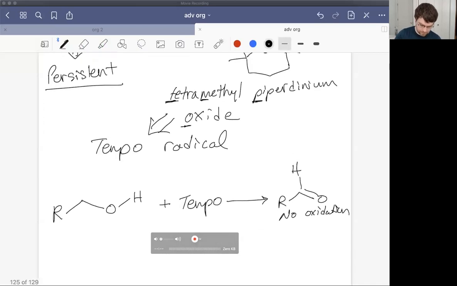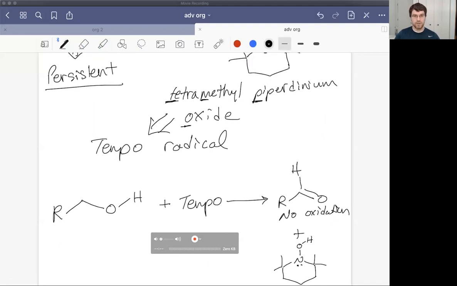Plus, the oxygen of the alcohol has been oxidized, and the byproduct of the reaction, I'm pretty sure, is just the hydroxylamine.